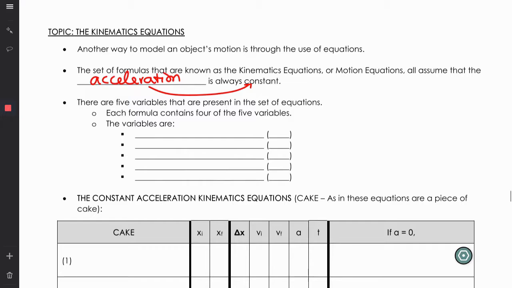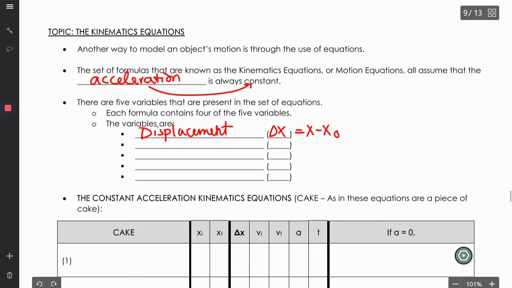The variables are going to be displacement, which is represented by delta x, which in the long run is x minus x0 or xf minus xi. You will have initial velocity, which is represented by v0 or vi.